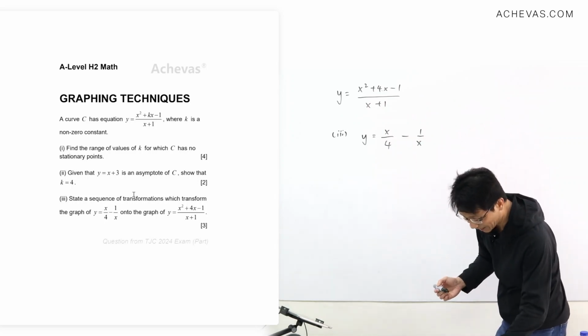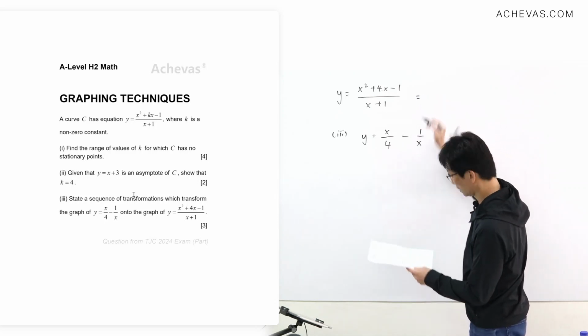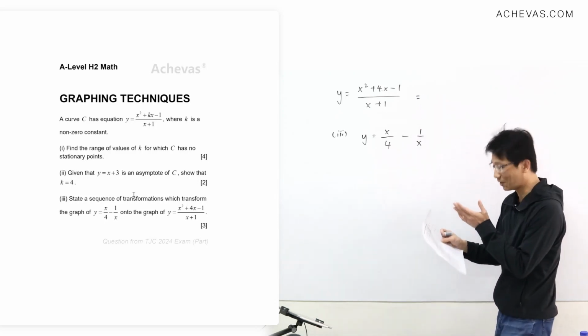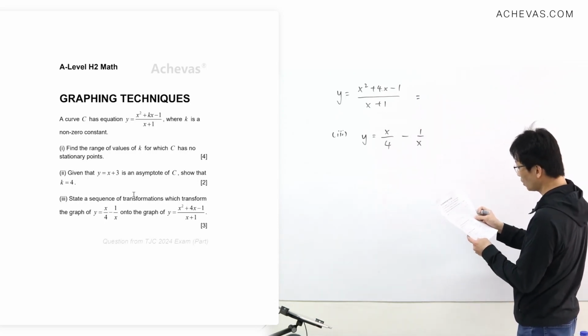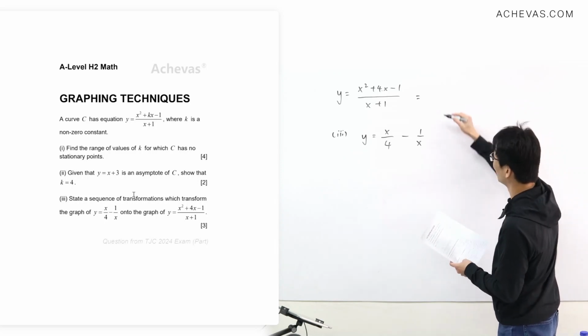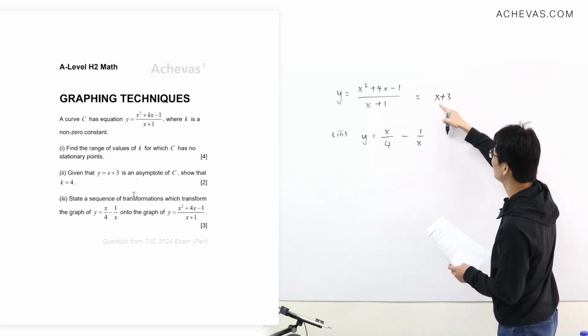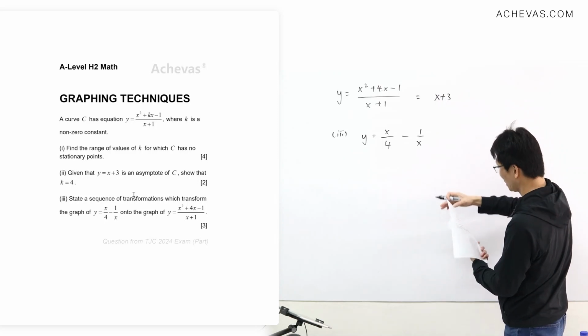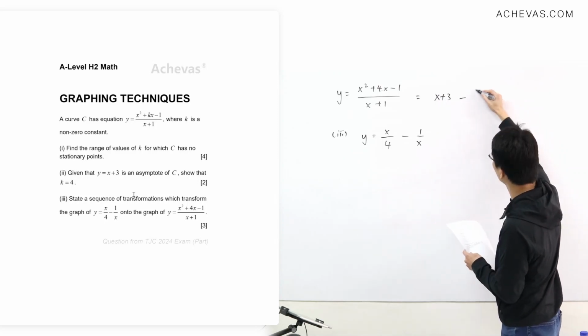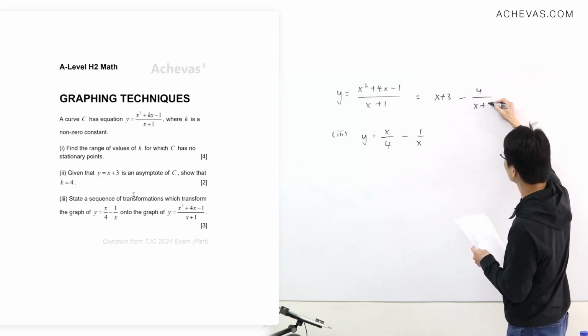So probably I can do a bit of long division first and hopefully see a bit of similarity between them. When I do long division, I will be able to get x plus 3, which is the oblique asymptote, minus 4 over x plus 1.